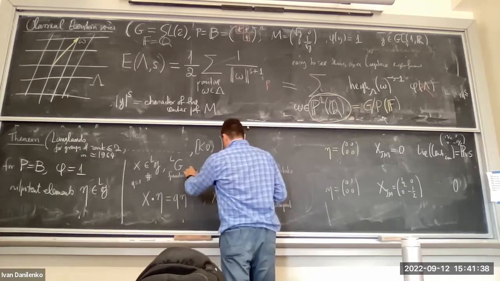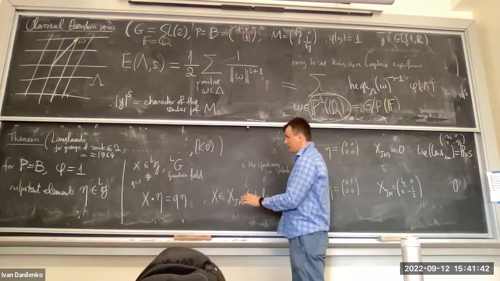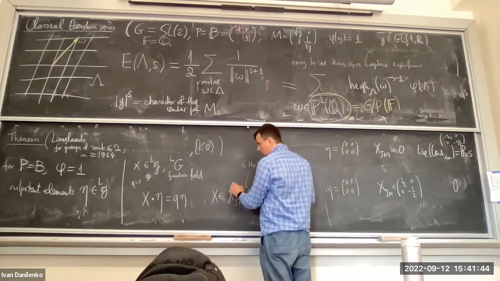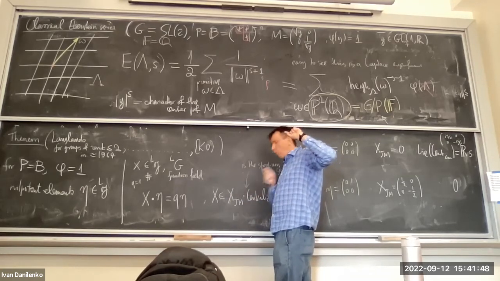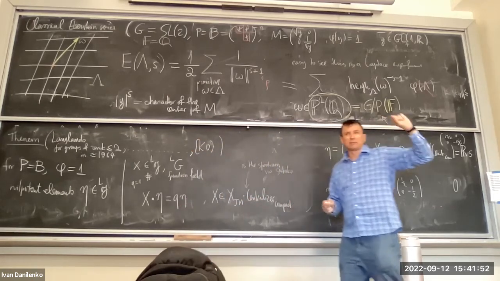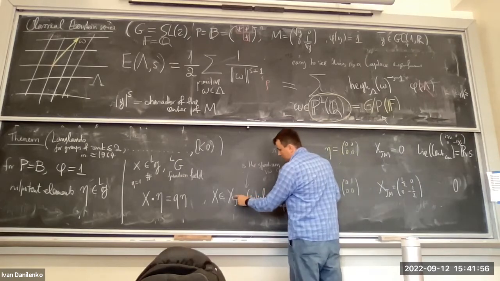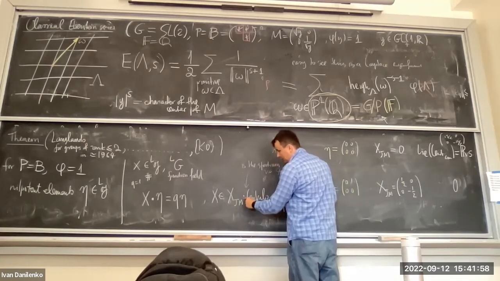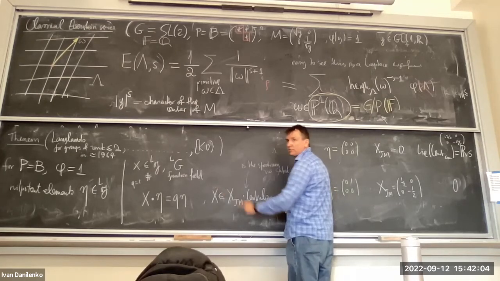Then you look at the corresponding vector from your own elements, and you take anything which differs from it by the compact subgroup in the central line.